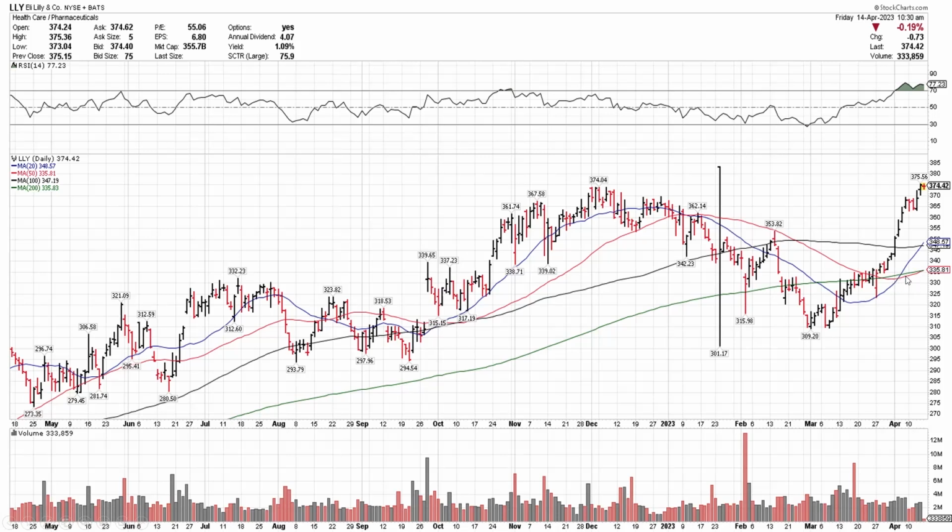The 50-day is just getting ready to cross over the 200-day moving average, it looks like. And we can see these moving averages are all rising. So rising moving averages, very, very strong move off the lows. And Lilly basically had a V-shaped recovery from a sharp drawdown to a sharp recovery move higher.